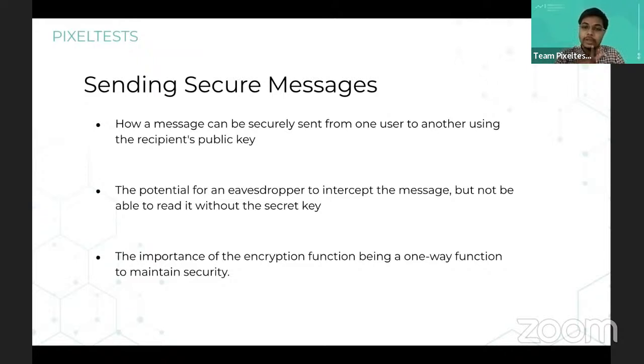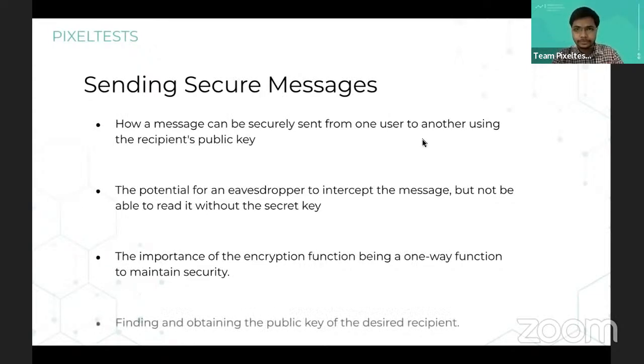It is not feasible for anybody to decrypt it back. So that is the reason it is called a one-way function. All of the encryption functions, the first step functions, are one-way functions, and this maintains the security, right? So I hope that clarifies this particular topic.